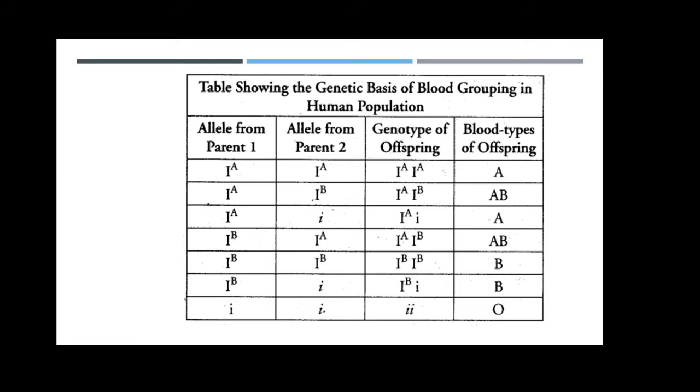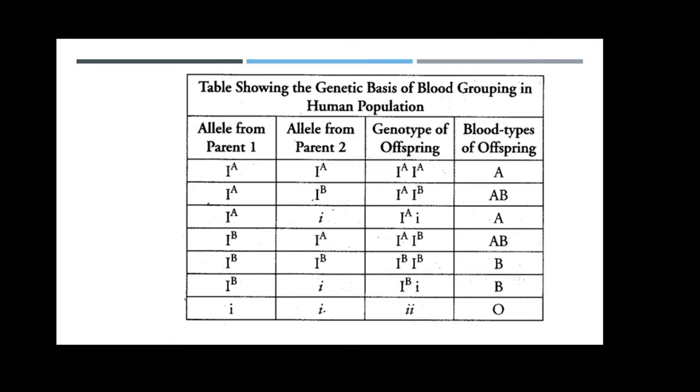This shows the antigen and the genotype of the offspring, those who have the A blood group, AB blood group, and so on. The gene for blood group is mainly denoted by isohemagglutinin, that is what this I stands for.